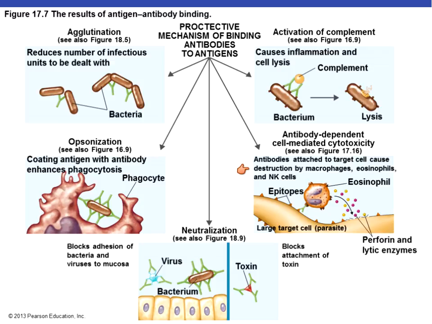And then we have antibody-dependent cell-mediated toxicity, where the antibodies will interact with this target cell and cause destruction by the macrophages or eosinophils from the outside in because those antibodies are attached to it. So these are all different things that happen as a result of these antibodies now circulating in the bloodstream.